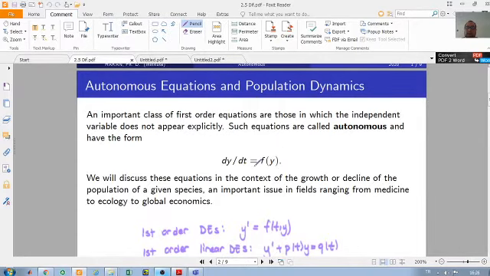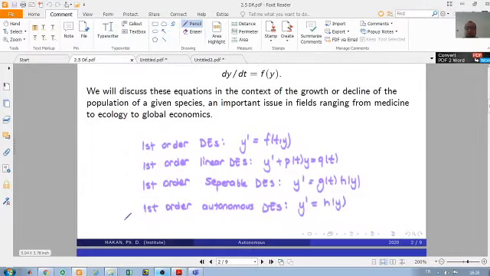We don't have any term related to the independent variable. In this section we will discuss this equation in the context of the growth and or decline of the population of a given species, an important issue in fields ranging from medicine to ecology to global economics.